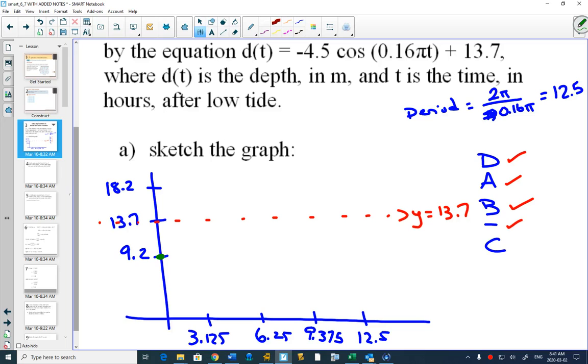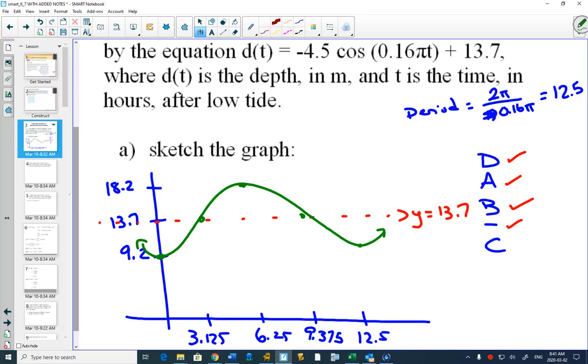So go minimum, center line, maximum, center line, minimum. So there's part A. Part A was just sketching our graph.